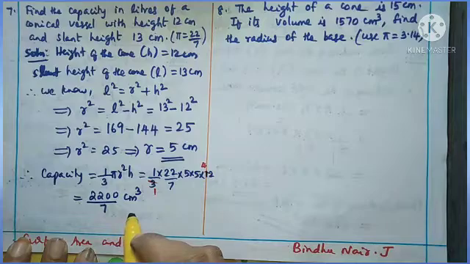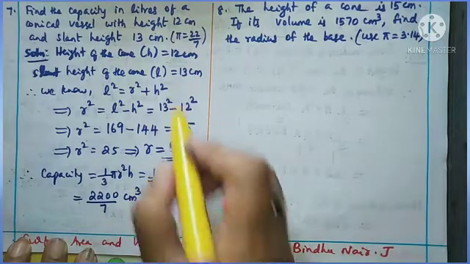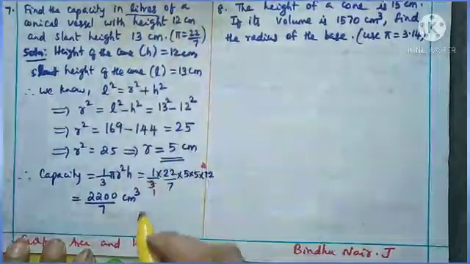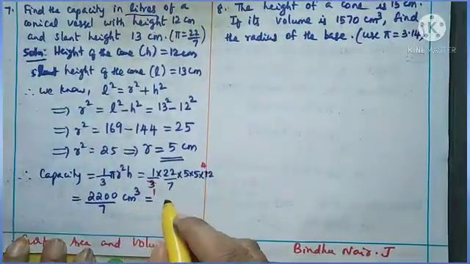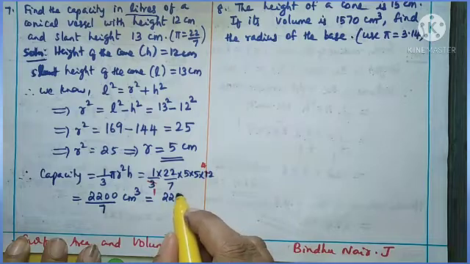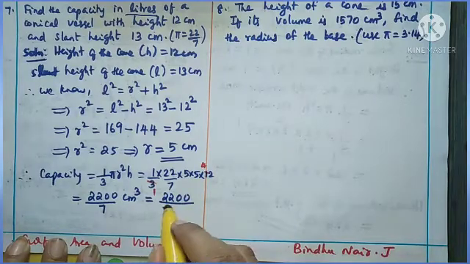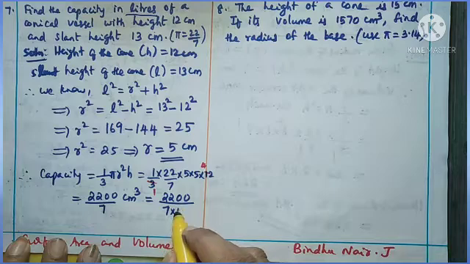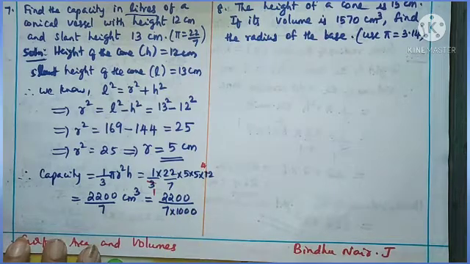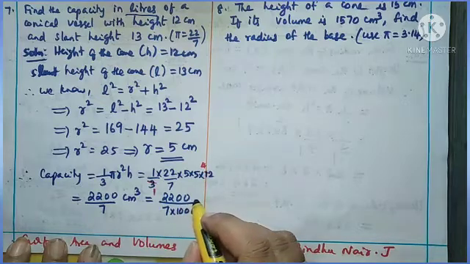Now as I told you, when you convert centimeter cube into liter, we want the answer in liters. Divide by 1000, so 2200 by 7 divided by 1000 means the 1000 will come in the denominator. Thus it is converted into liters.